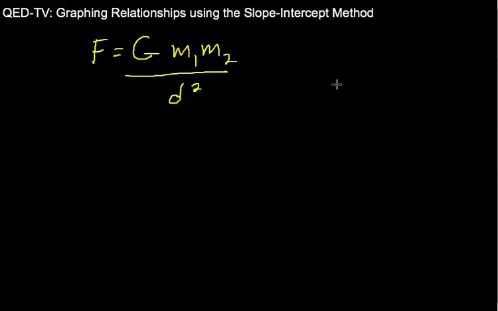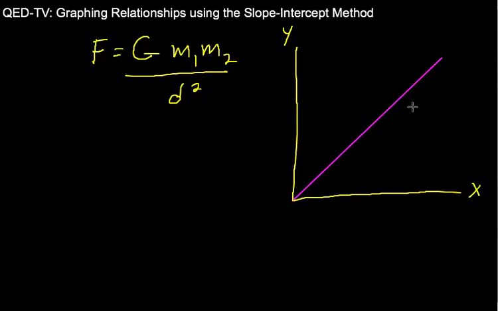So let's ask this question. I'm going to make a graph here. What would I put on the x-axis and what would I put on the y-axis so that when I graph this, I end up getting a line where the slope would actually be G?